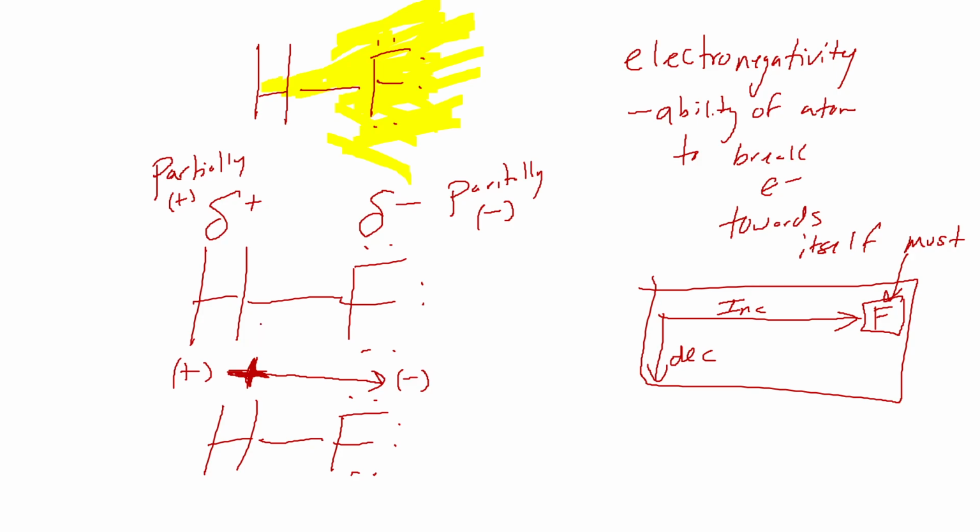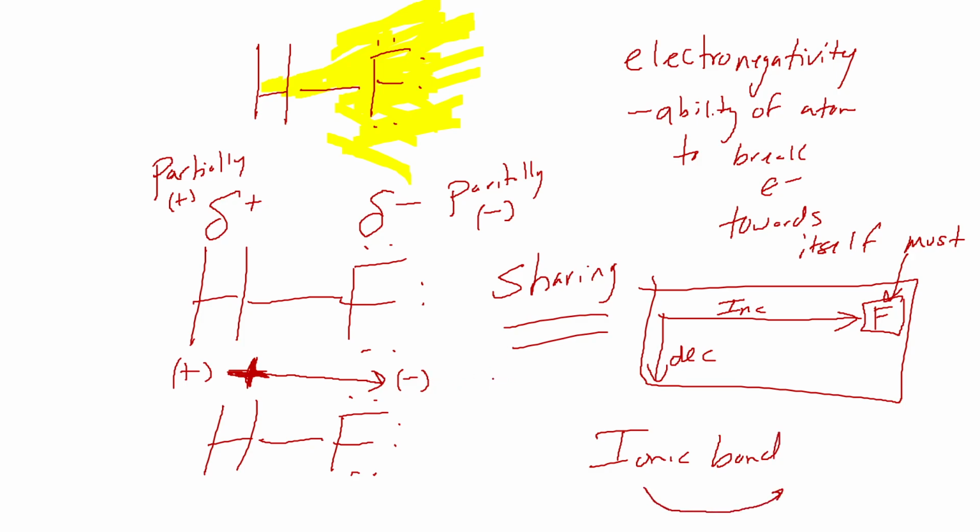Now you may be asking, why are they partially positive and partially negative rather than full positive and full negative? The idea here is it's a covalent bond, which means even though they're not sharing equally, there is still some aspect of sharing. And that is different than an ionic bond that we talked about in that previous video, where you're going to get that electron transferred completely from the metal to the non-metal.